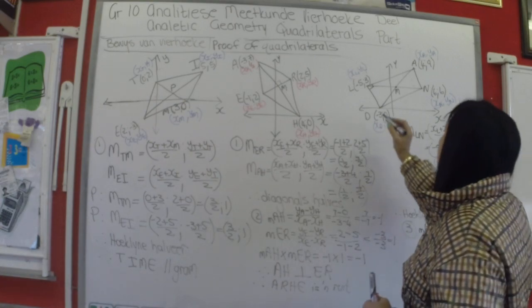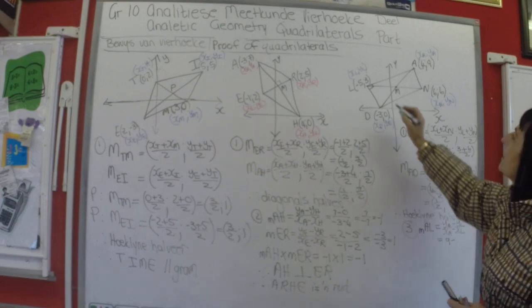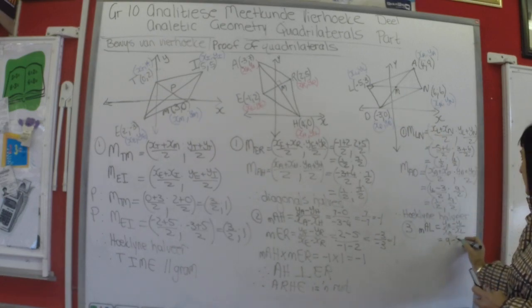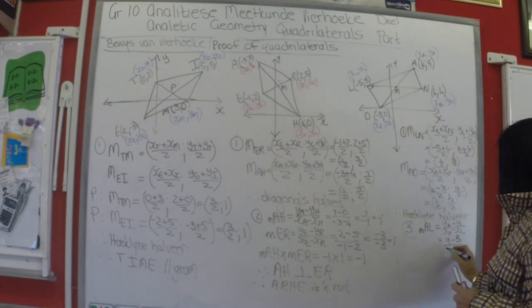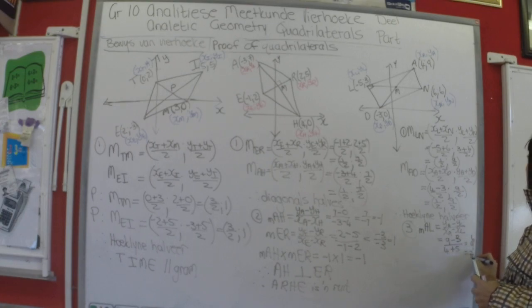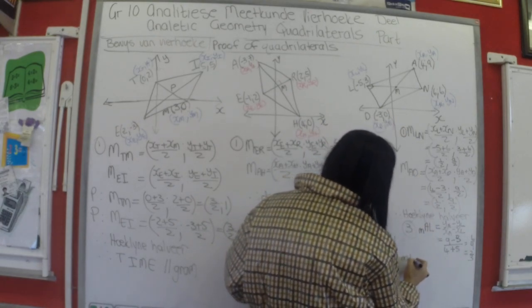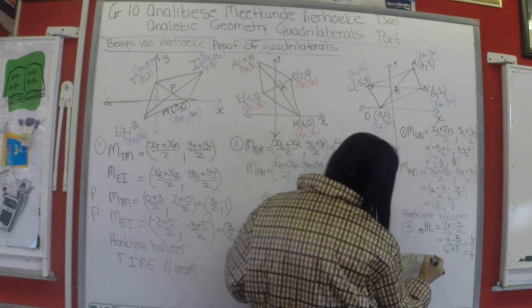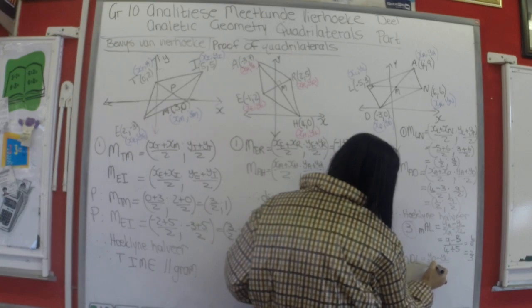Dit gee vir my die y van A is 9 minus die y van L is 3, 3 op 4 minus minus 5. 4 minus minus maak 'n plus. So ek het 6 op 9, and if I simplify that, that's 2/3. Kom ons kry die gradiënt nou van DL. The gradient of DL is going to be y on x.